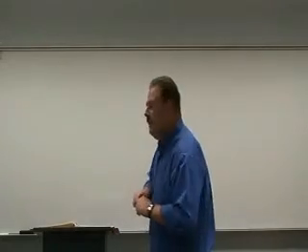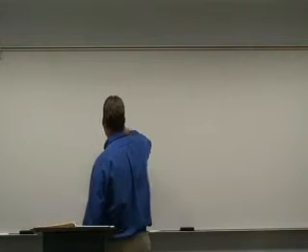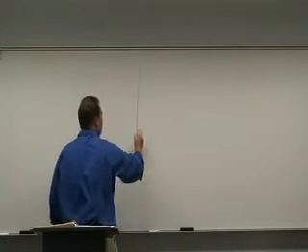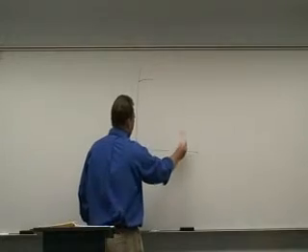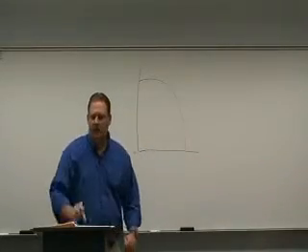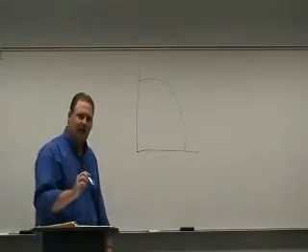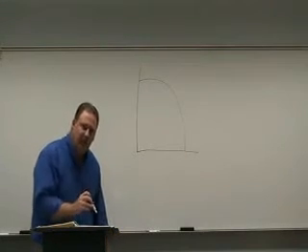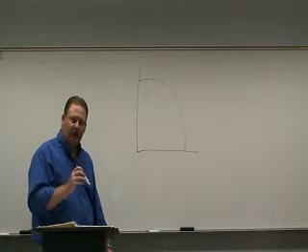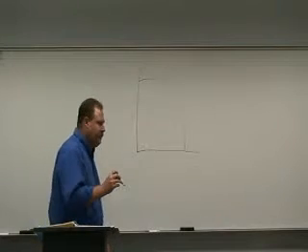A graphical representation of scarcity and opportunity cost is something we call the production possibilities curve. Okay? The production possibilities curve illustrates the maximum output we can produce given our current resources.